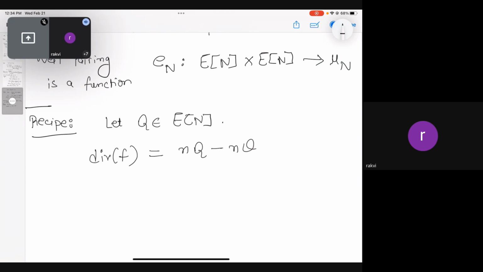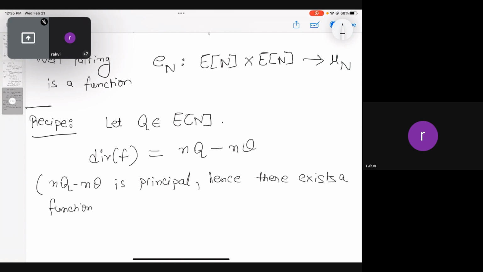So let me write. So nQ minus nO is principal. Hence there exists a function f such that it is the divisor of that.